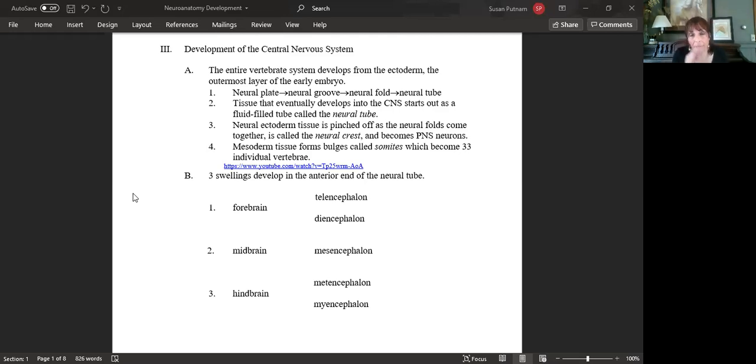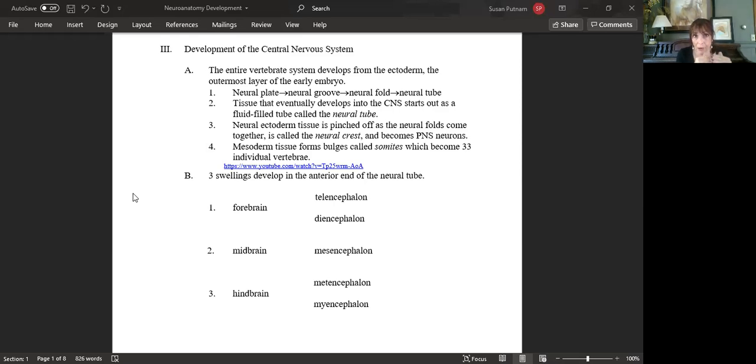Tissue that eventually develops into the entire CNS starts out as this fluid-filled tube, and that's the neural tube. Neural ectoderm tissue is pinched off as that neural fold comes together, and it's called the neural crest. Those become PNS neurons.